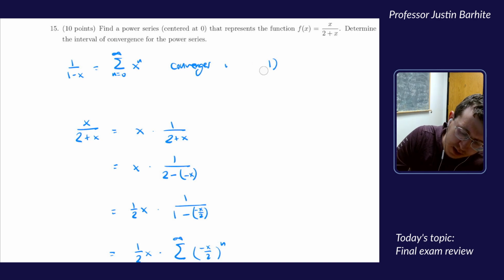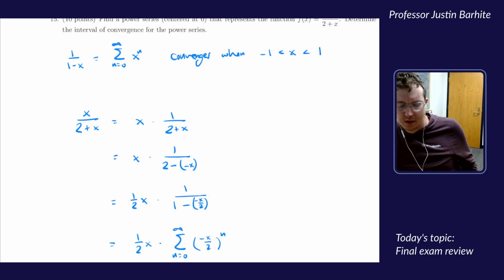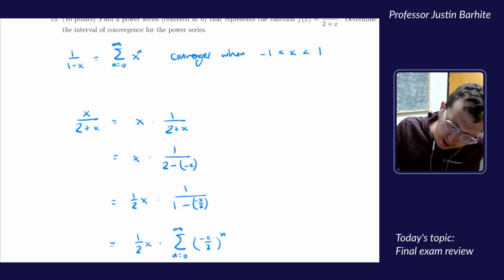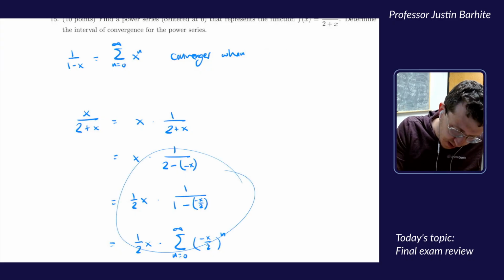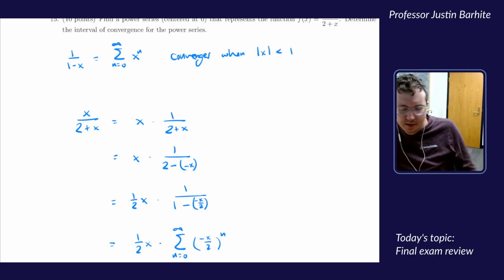I'm going to slightly rephrase this. It converges when x is between -1 and 1. I'm going to slightly rephrase that one more time for convenience when I come down and think about this power series. It converges when the absolute value of x is less than 1.